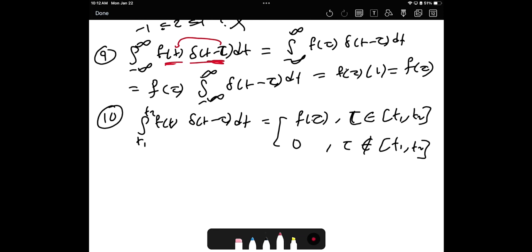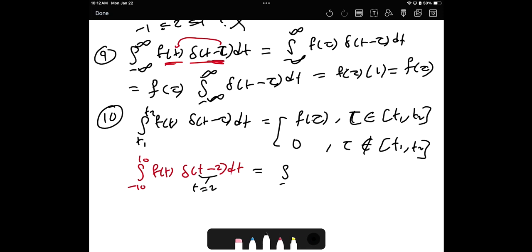Now a question. Find the integral from negative 10 to 10 of f of t delta t minus 2 dt. According to this, you can apply property 10 directly, or you can say here t equals 2.